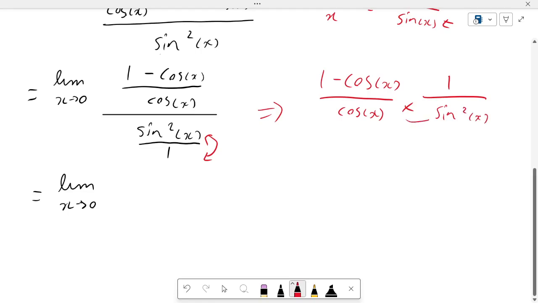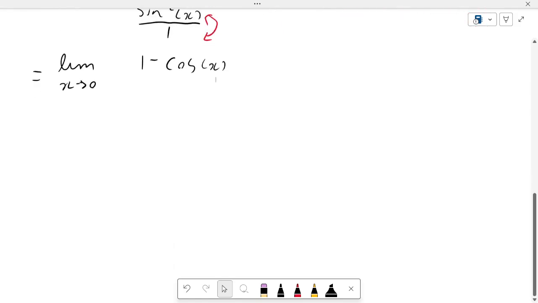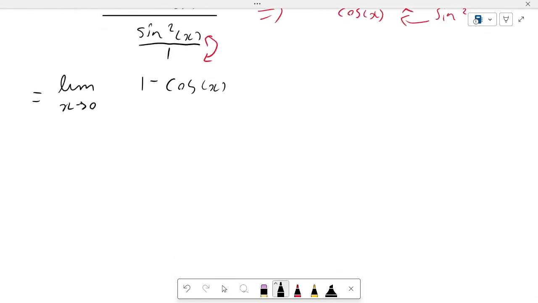Then we multiply the numerator with the numerator and the denominator with the denominator, and we'll get 1 minus cos of x all over cos x multiplied by sine square of x. And that is what we have right now.